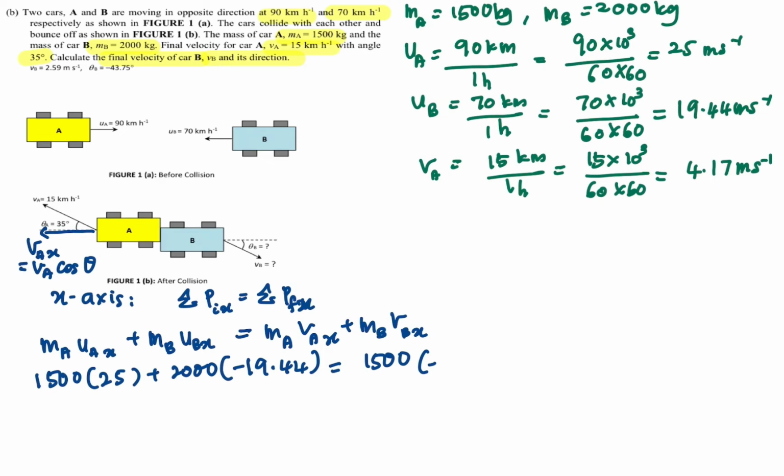So negative 4.17 because it is to the left, cos 35, plus 2000 times v_b x. Okay, and then you calculate it, and you will get your v_b x will be equal to 1.87 meters per second.